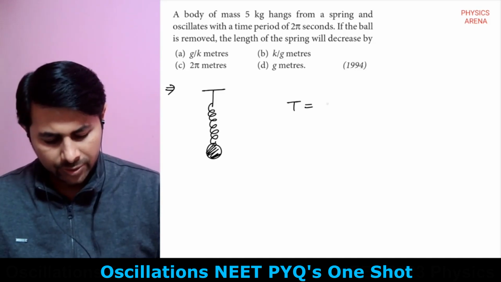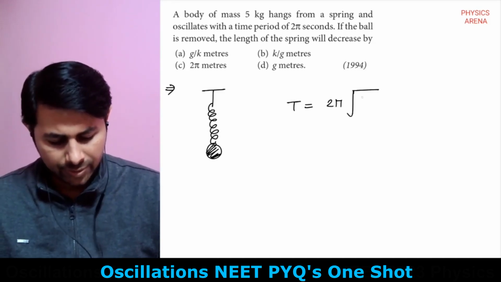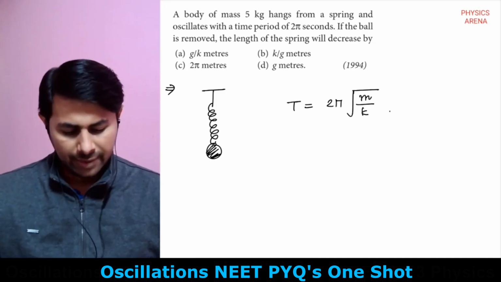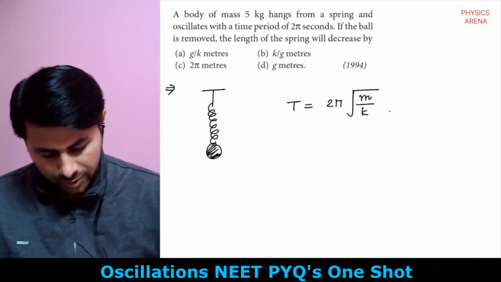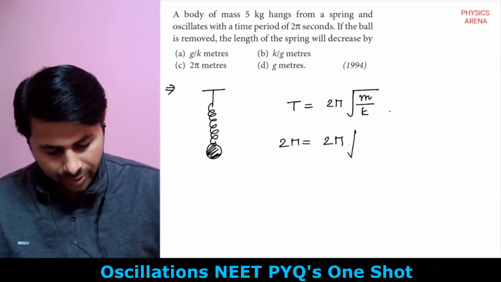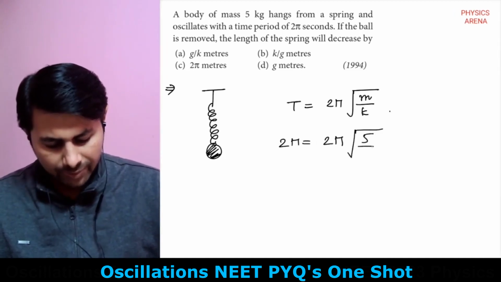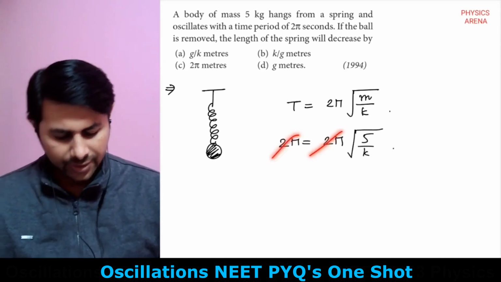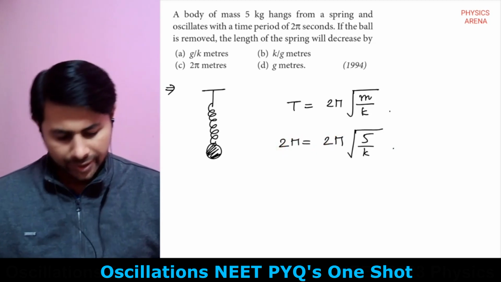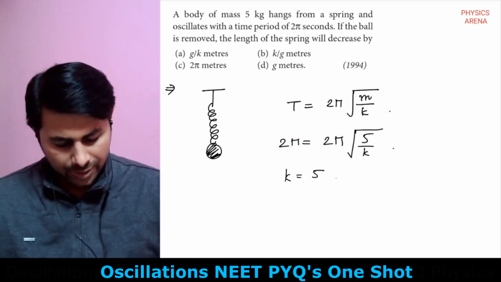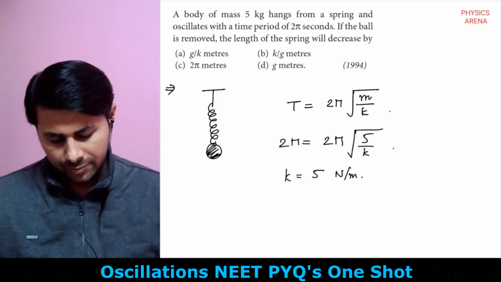We know T equals 2 pi square root of m by k, right? M is 5 and T is 2 pi, so 2 pi equals 2 pi root of 5 by k. The 2 pi gets cancelled, so 1 equals root of 5 by k. That means k equals 5 newtons per meter.